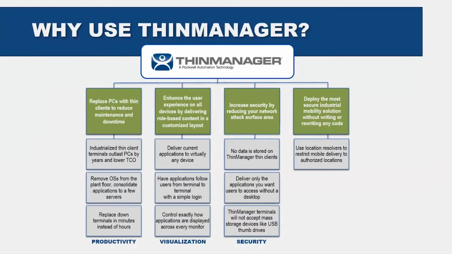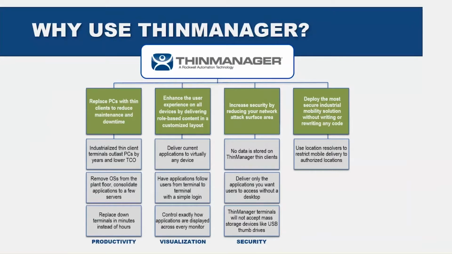Moving up to the last column, deploying the most secure industrial mobility solution without writing or rewriting any code. Mobility is a giant factor for recent ThinManager deployments for our customers. Being able to use what we call location resolvers, such as Wi-Fi access points or Bluetooth beacons, QR codes or GPS coordinates to actually restrict the delivery of content to a mobile device within a certain area in your plant.